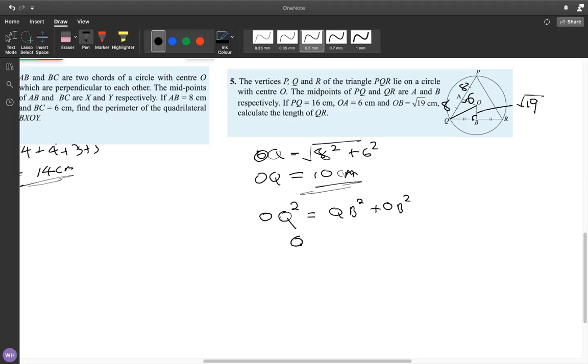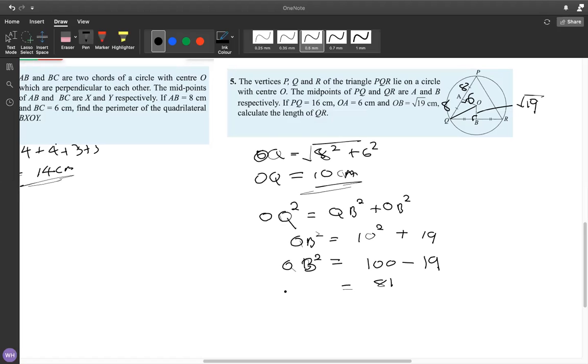So you can find QB squared from OQ squared, which is 10 squared minus root 19 squared, which means 19 itself. So QB squared is equal to 100 minus 19, which will give you how much? 81, no?